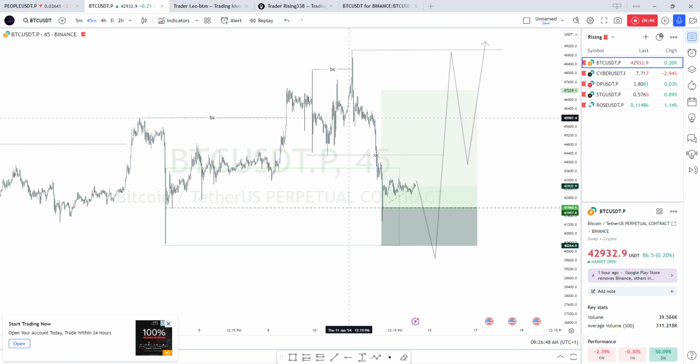Now I reanalyze to find a new entry in case this trade goes bad and, you know, I experience what usually happens, which is price comes to sweep me up before going my way, I look for a new entry.